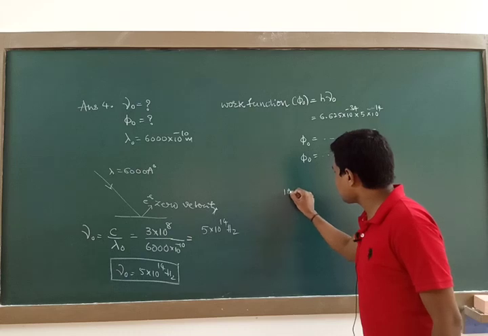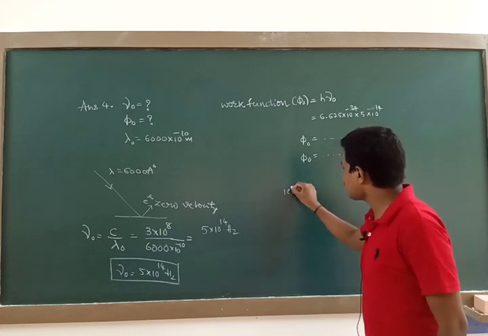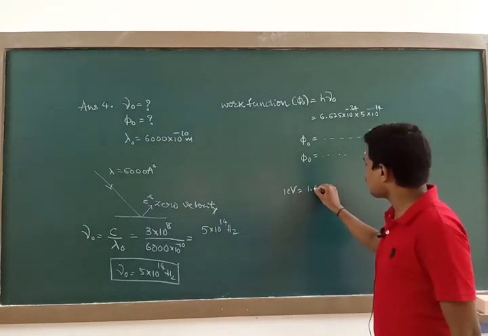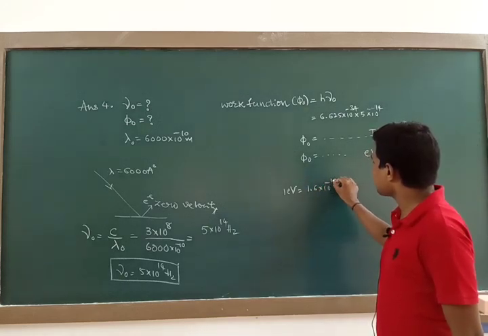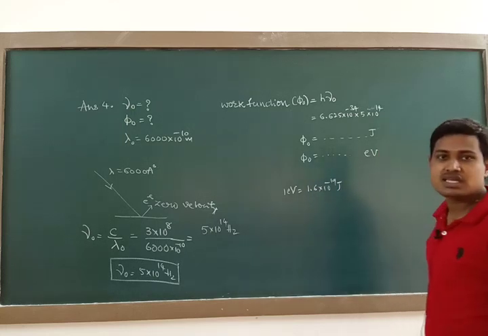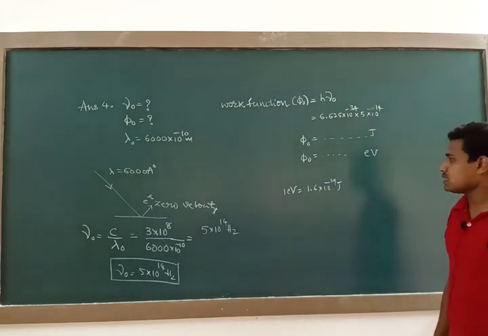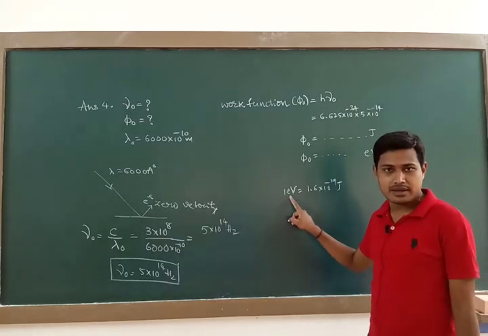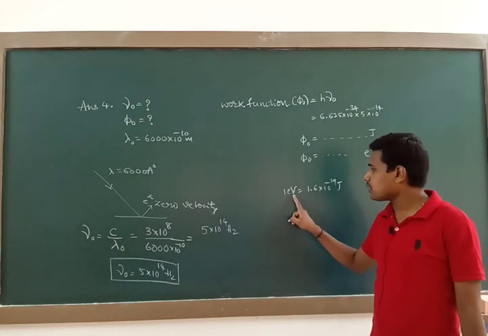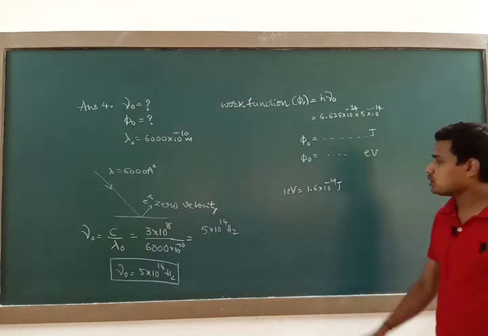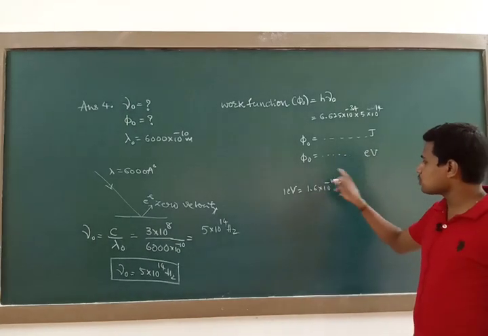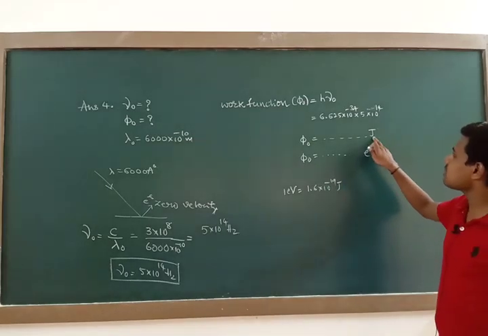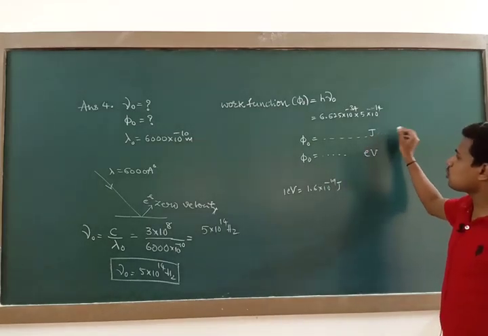We know that 1 electron volt is equal to 1.6 × 10^-19 joule. What is 1 electron volt? It is the energy gained by an electron when it is accelerated under a potential difference of 1 volt, so it acquires 1.6 × 10^-19 joule. Here we have the value in joules, and in terms of electron volts I want to express it.